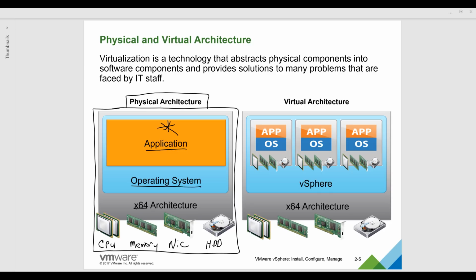Now if we look at the virtual architecture, we have our same CPUs, we have our memory, we have our NIC, and we have our hard drive, or SSD, or solid state. So with the virtual architecture, this CPU is used across VM1, VM2, and VM3, as you see here.